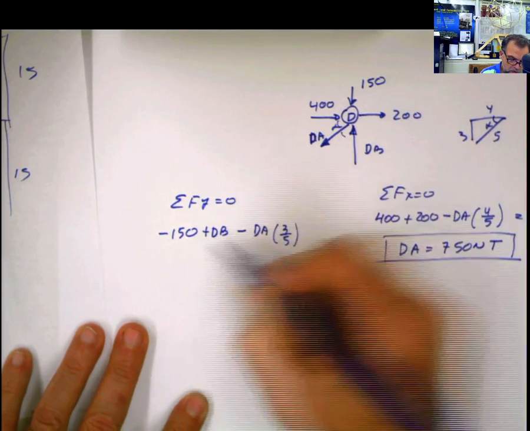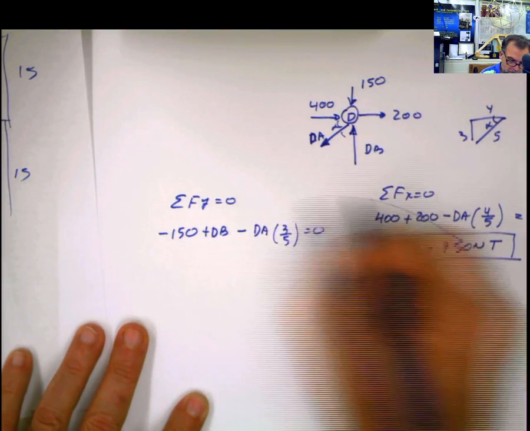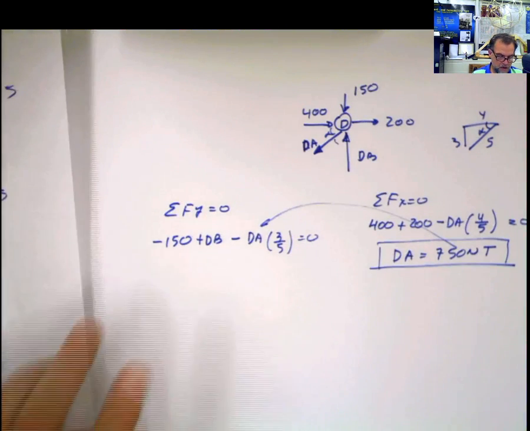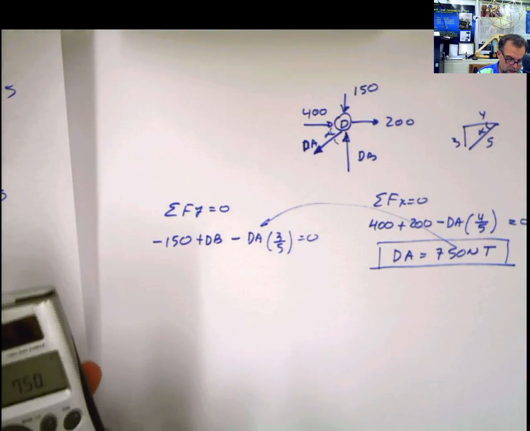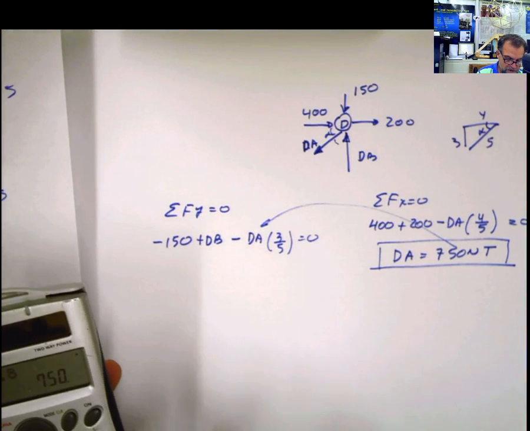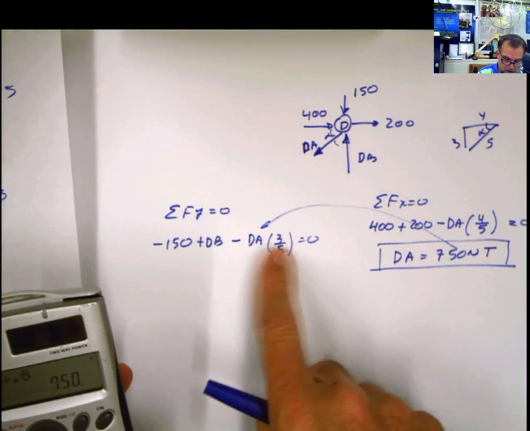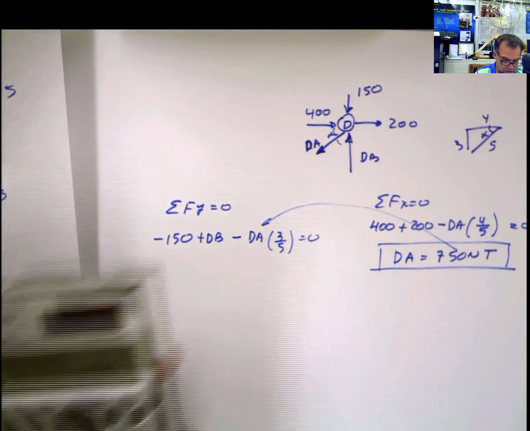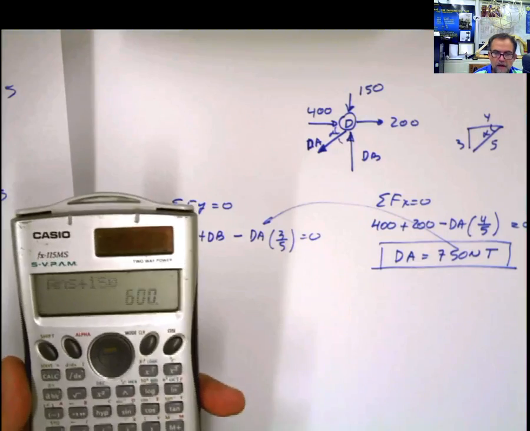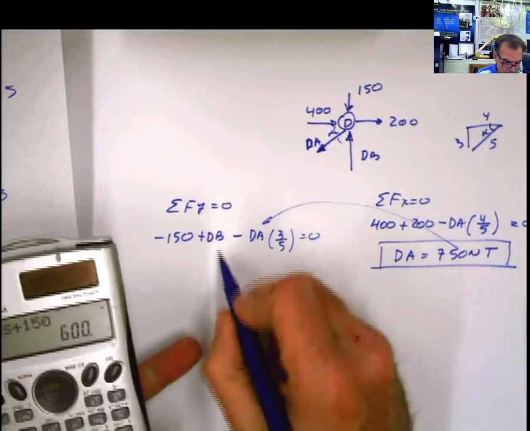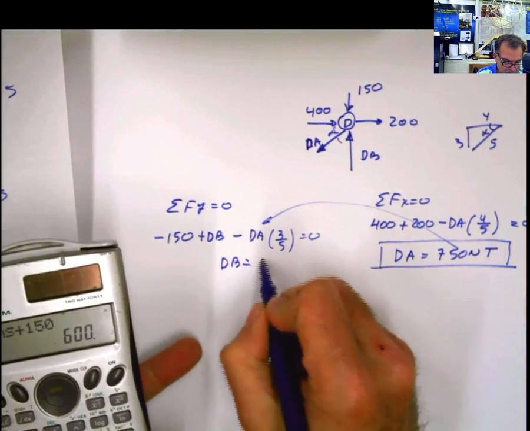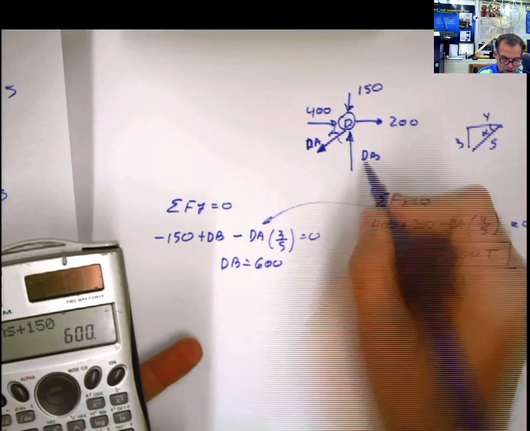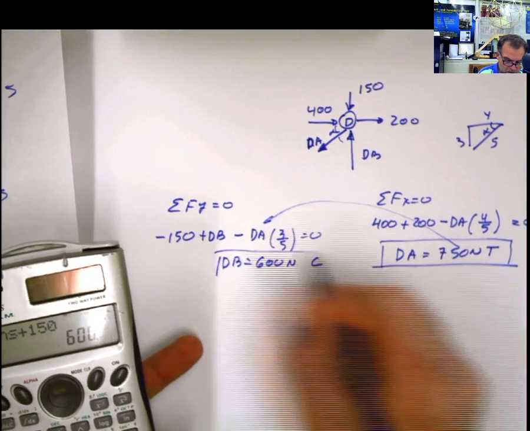Equals 0, and DA, remember, is this one here. So if I do that, then we have negative 150, pass it to the other side, positive. This is 750 times 0.6 plus 150, that is 600. So that means that DB is equal to 600. It was positive, so compression.